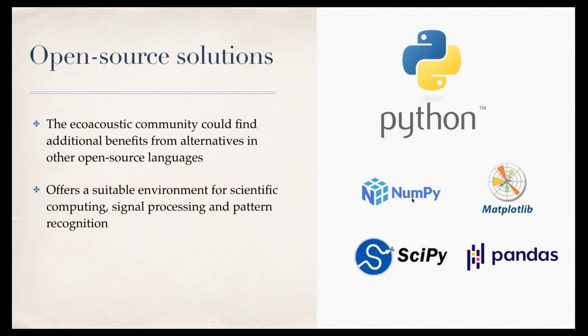You have NumPy, which is for matrix computation. You have also matplotlib, which is used for plotting graphs. On top of this, you have SciPy that has lots of different tools.